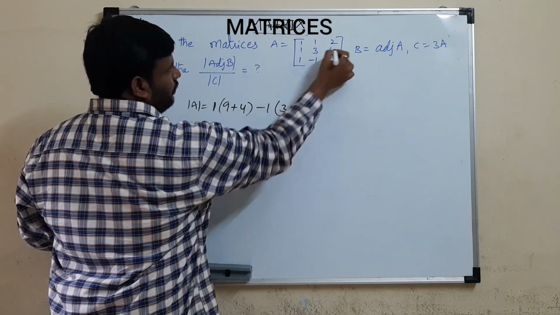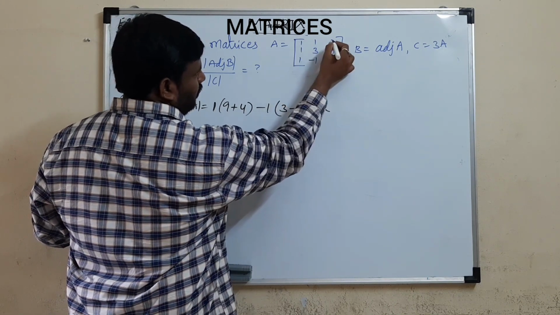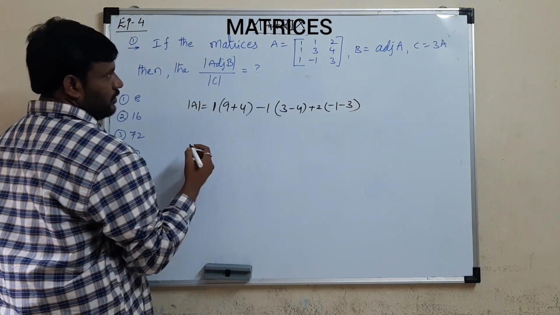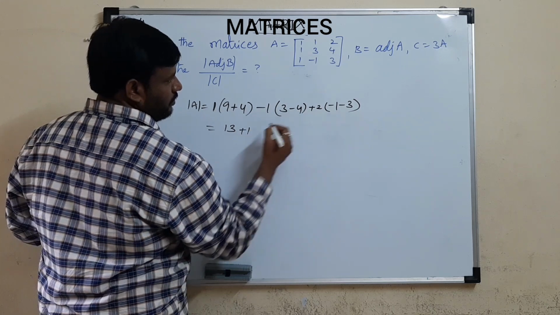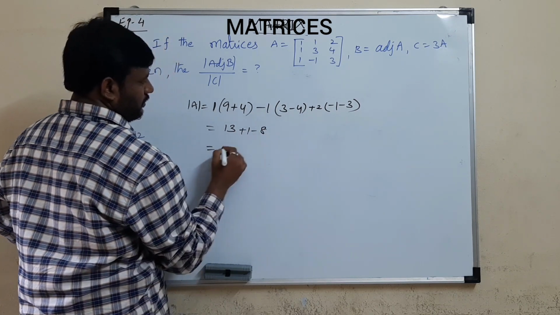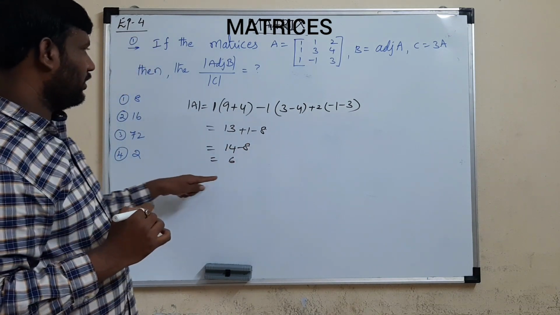Then 5 plus 1 minus 8, this is 14 minus 8, you get 6. Det A we get 6.